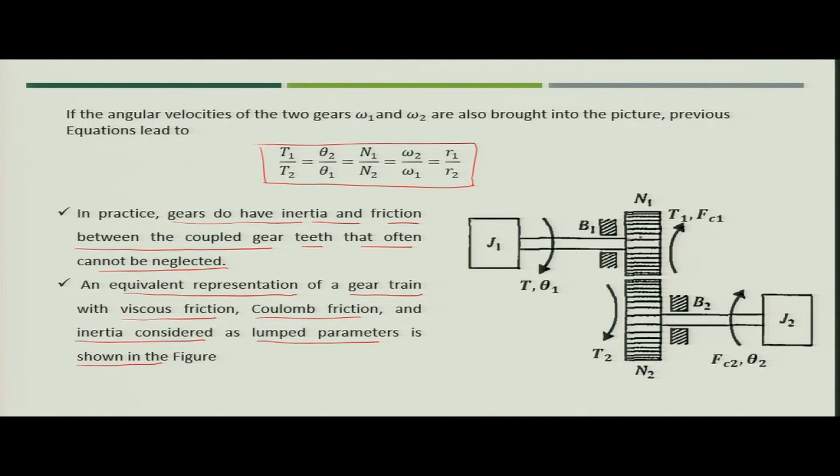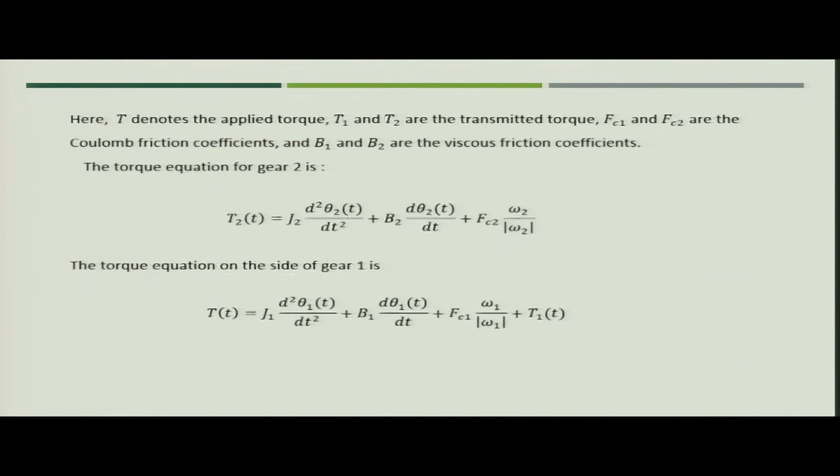So, here you have the Coulomb frictions, then B1 and B2 are the viscous frictions, T is the torque applied from gear 1. So, the opposite torque which is T1 applied on the gear N1 and translated to gear 2 is T2, and the energy is transferred from the gear to the object which is having inertia equal to J2.